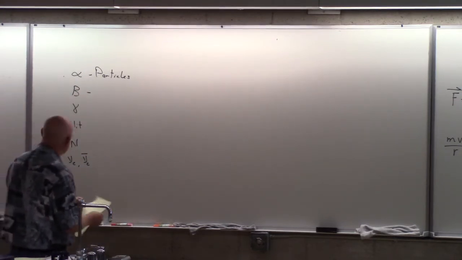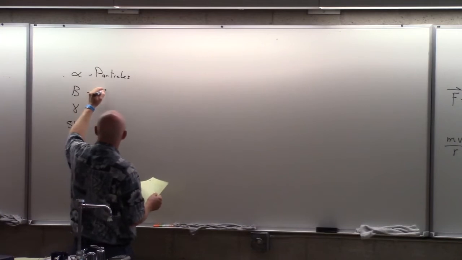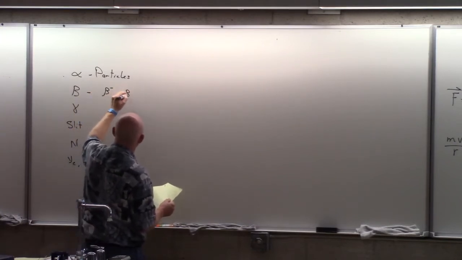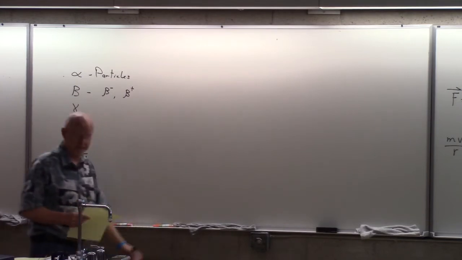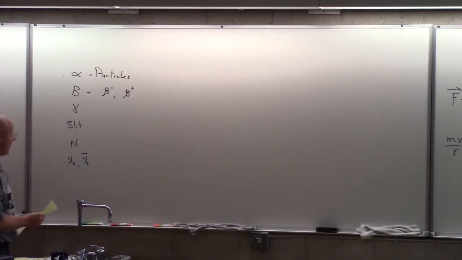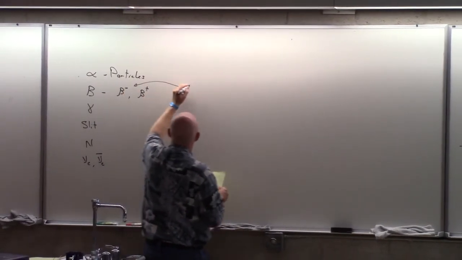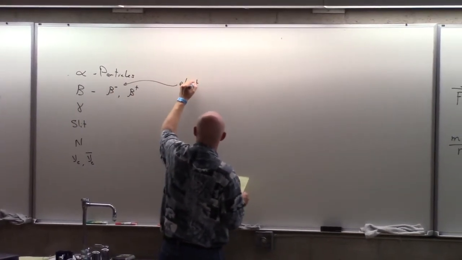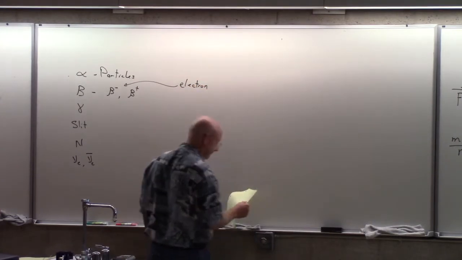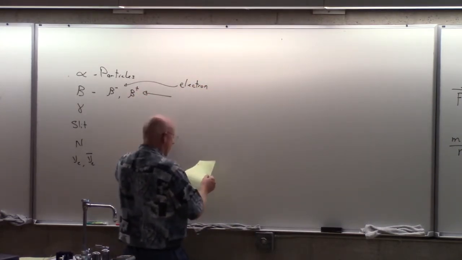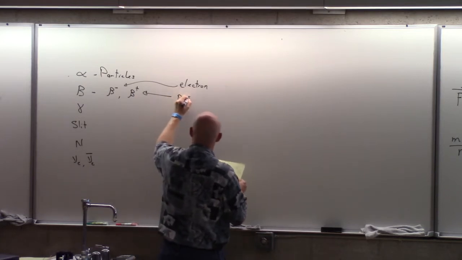In the beta decay, it really can be subdivided into a beta minus and a beta plus. Now, the beta minus, as we will soon see, is actually the electron. The beta plus is what we are going to call its antiparticle.